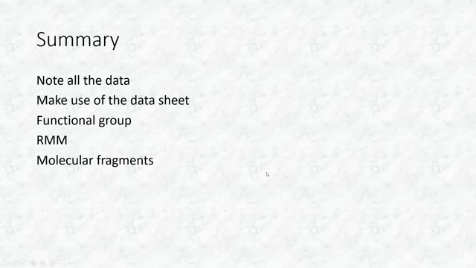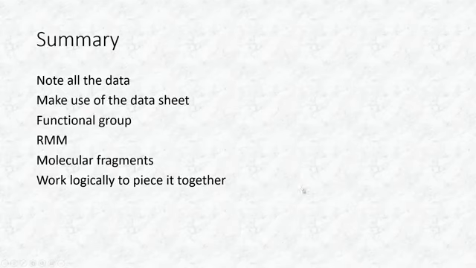We made good use of the data sheet. We worked out first the functional group, then the relative molecular mass, and then the molecular fragments, and then we worked logically to piece it together. And that's the way to always do this type of question, and in this order as well: functional group, molecular mass, and then the fragments, the chemical environments of the carbons and the hydrogens.